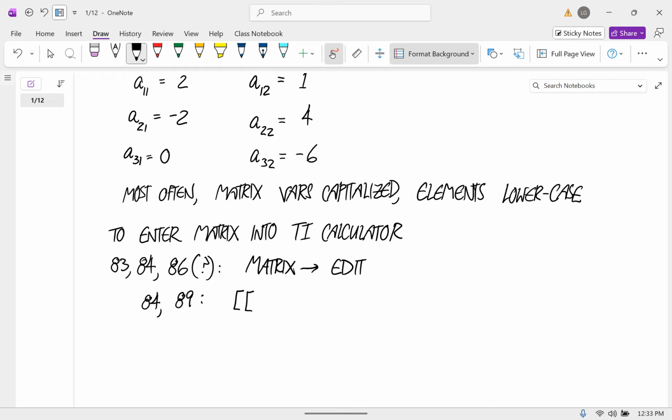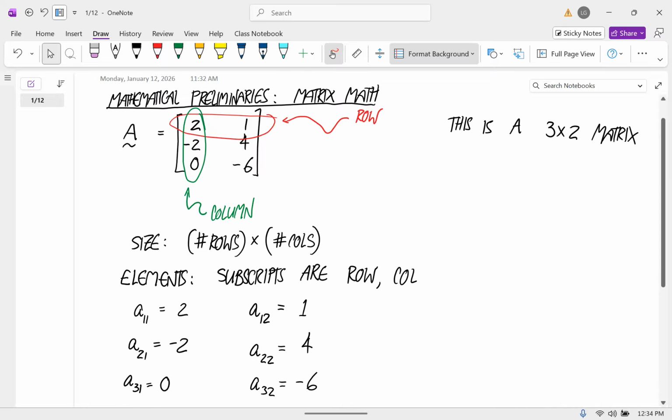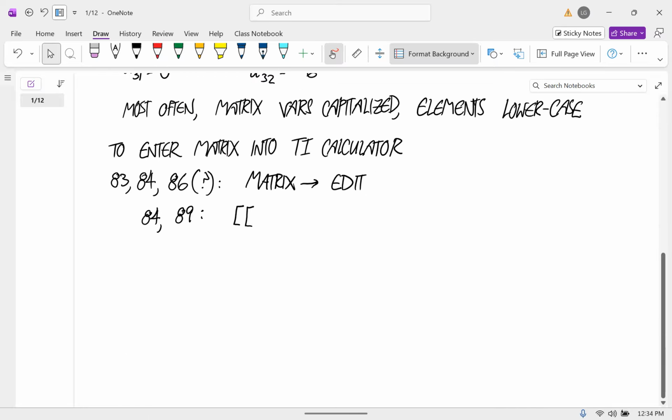Now start the first row. I'm going to use the matrix from above. The first row is 2, comma 1. End the first row. Now the second row is -2, comma 4. And then the third row is 0, comma -6. Now we're done with all the rows, so end the matrix.